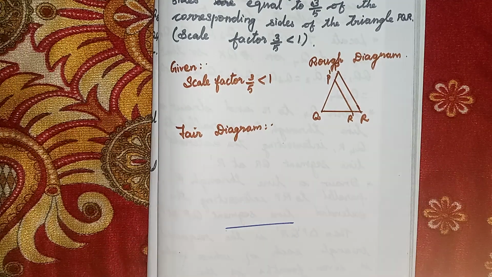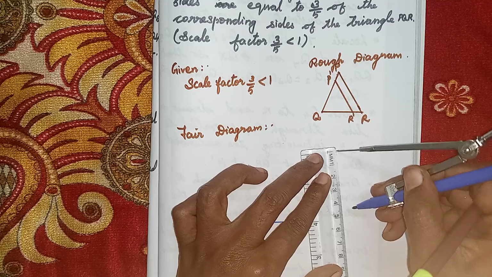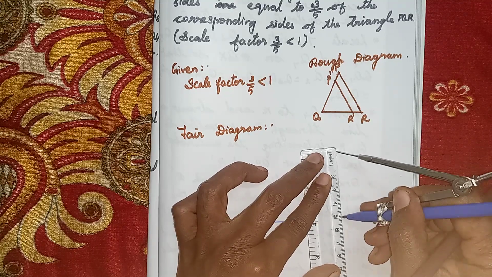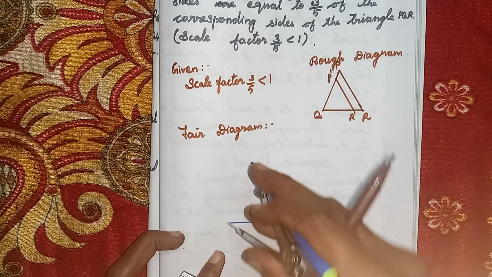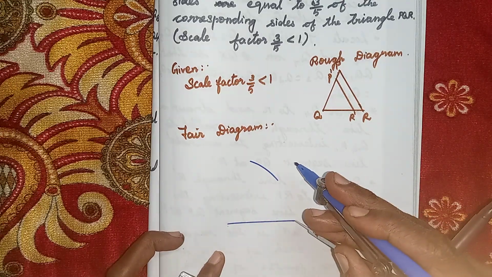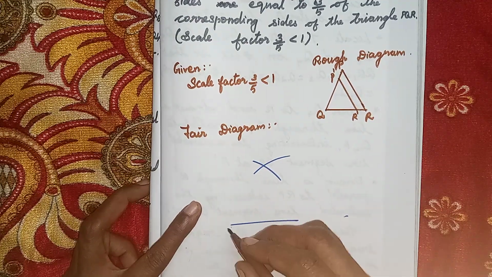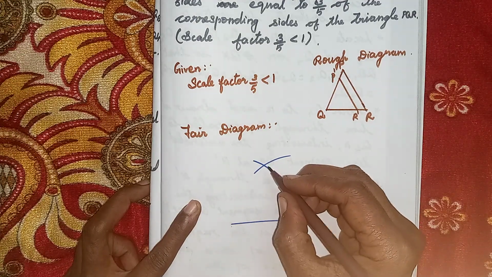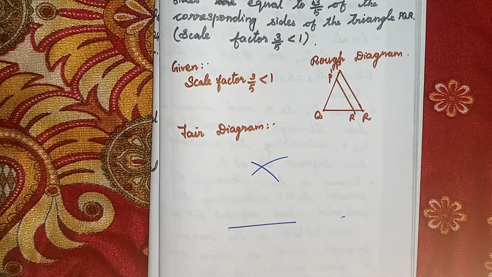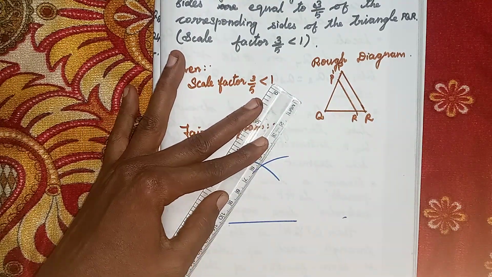Next, here 5 centimeter I am measuring in the compass, and from here also an arc. If you draw another triangle, also no problem.